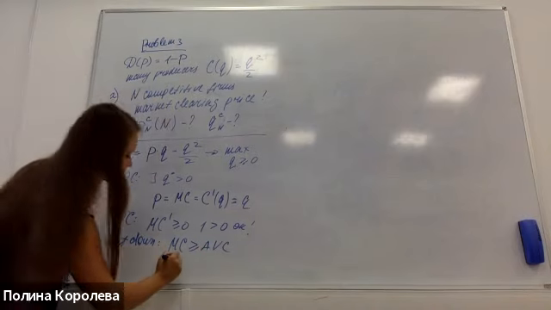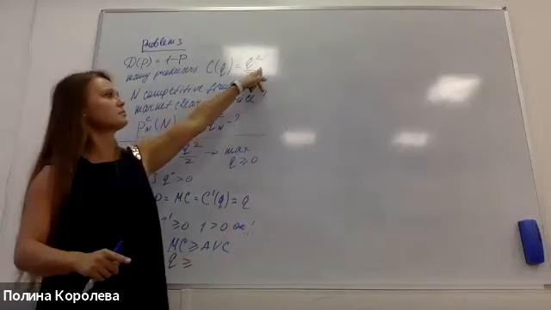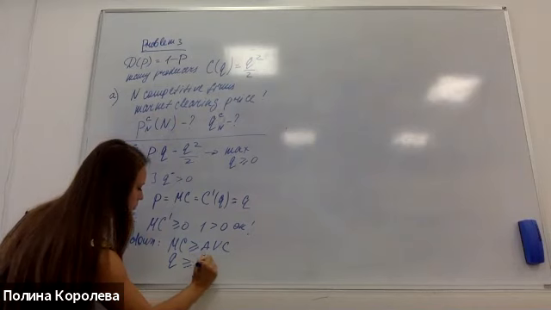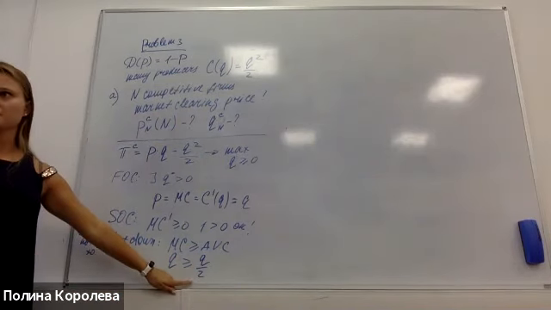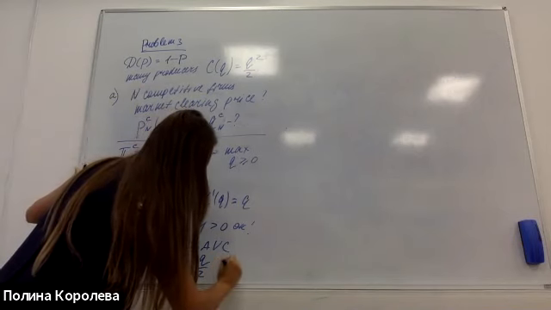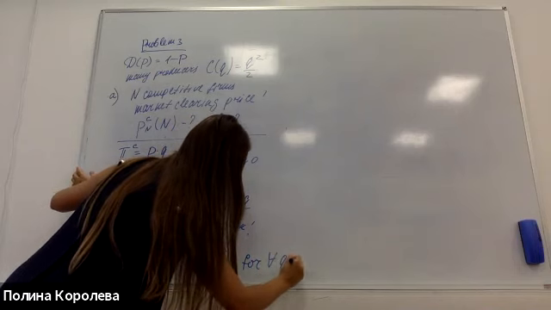Marginal cost is Q, should be greater or equal to average variable cost, which is Q divided by 2. And this is true for each quantity greater or equal to 0.